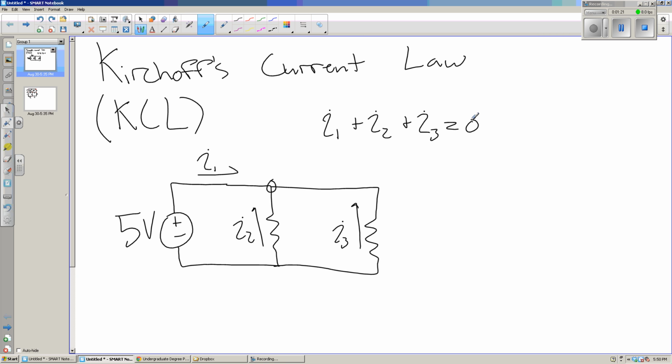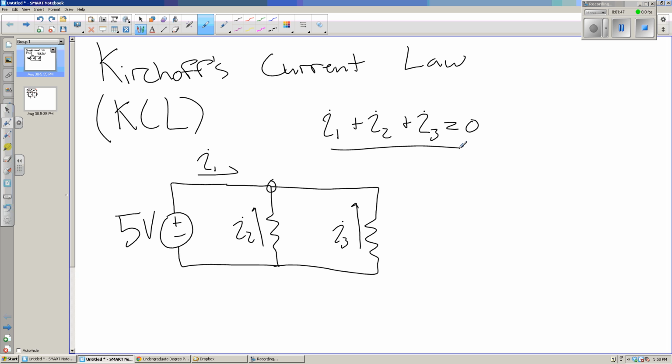All of these cannot be positive, right? If they were, this equation would not work. At least one has to be negative, and all that means is that we switch the direction that it's flowing in. So in this case, you can probably guess that I2 and I3 will be negative.